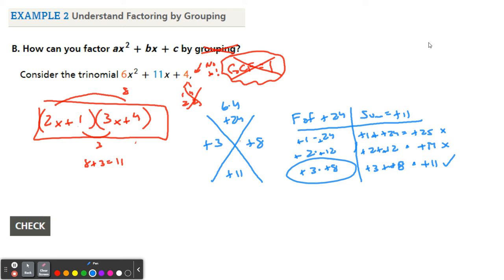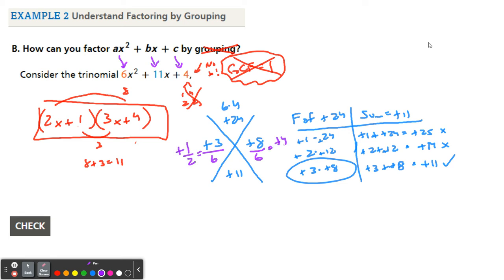But now, before I put them in my parentheses, I have to divide by A. This is very important. Divide by A. Our A value was 6, ax squared plus bx plus c. Our A value is 6. Divide by 6, and you must simplify. This becomes positive 1/2.